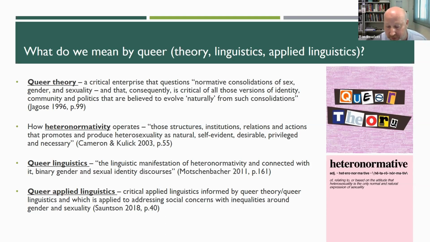As Helen Saunson, who was one of the pioneers of what we might call a queer applied linguistics, proposed, this approach takes into account three main theoretical and overlapping issues. And these are temporality, seeing how discriminatory language practices around gender and sexuality are real-world problems that are also historical or temporal constructs. Spatiality, in that language problems are always bound to a particular space or place and are involved also in the construction of such spaces or places.